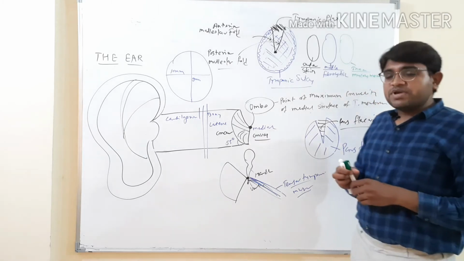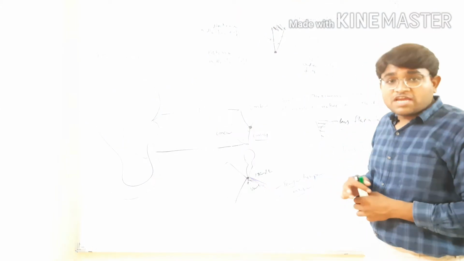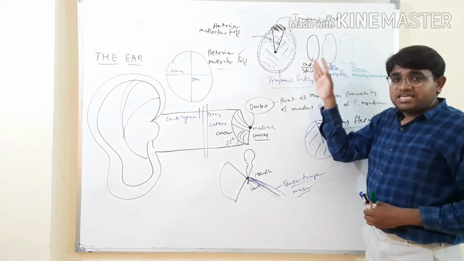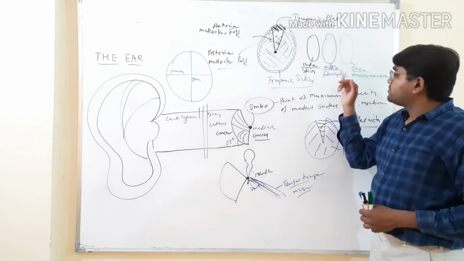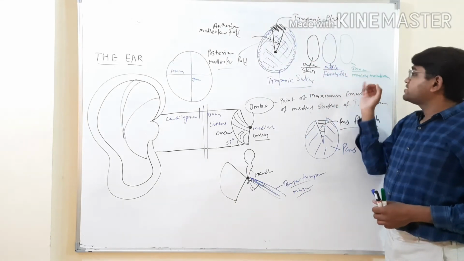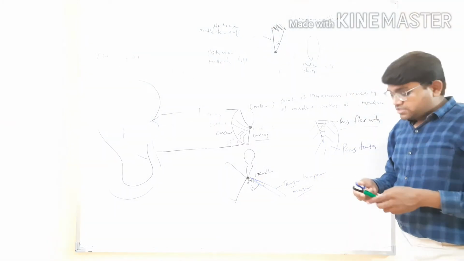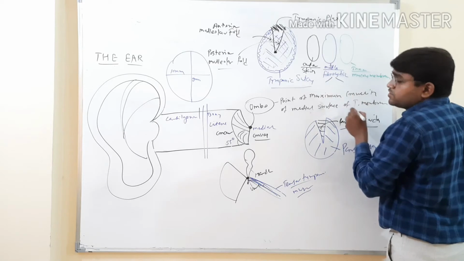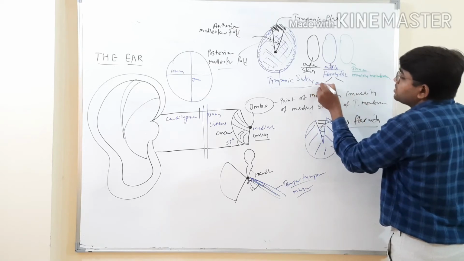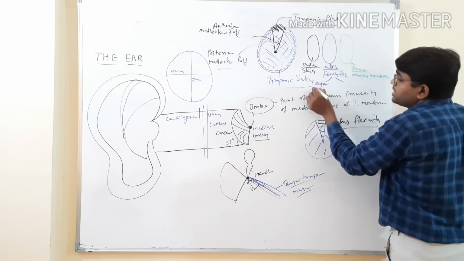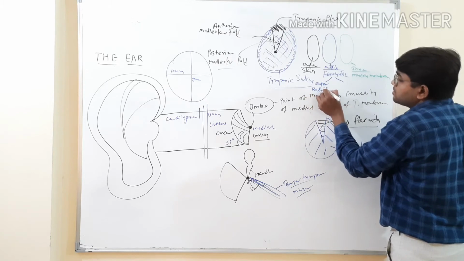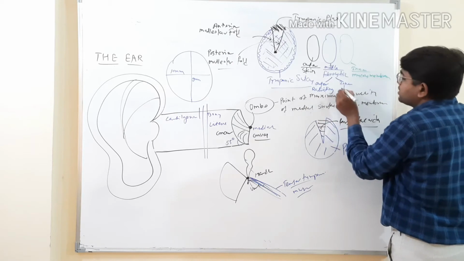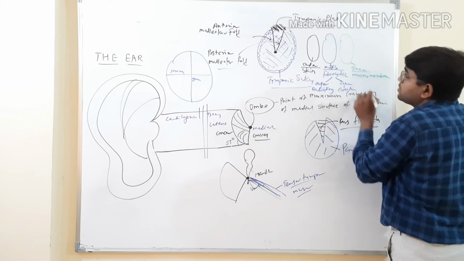Okay, so the tympanic membrane is composed of three different types of tissue. Its outermost layer is covered by the skin. Its middle layer is formed by fibrous tissue, whereas its innermost layer is formed by the mucous membrane. On its middle layer, the fibrous tissue, there are two types of fiber. On the outer side there are the radiating fibers, whereas on the inner side there are the circular fibers.